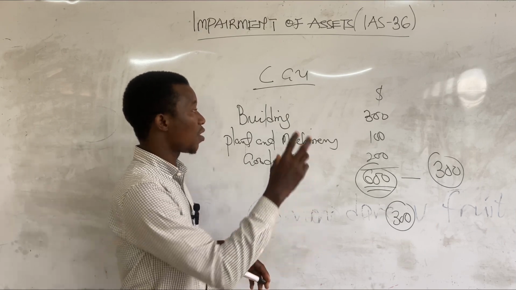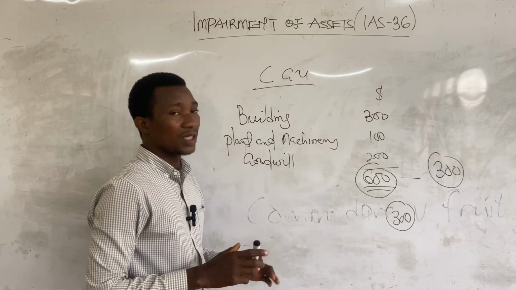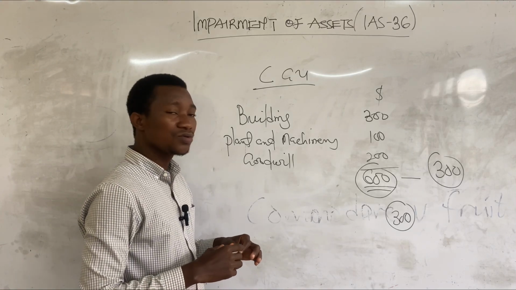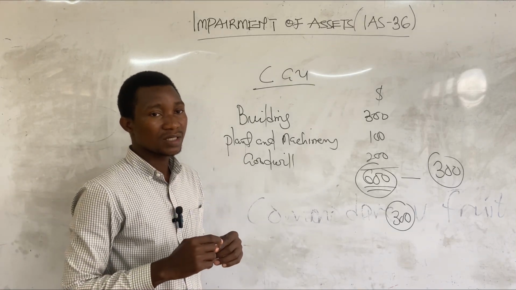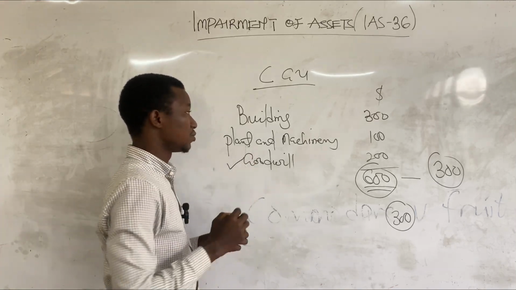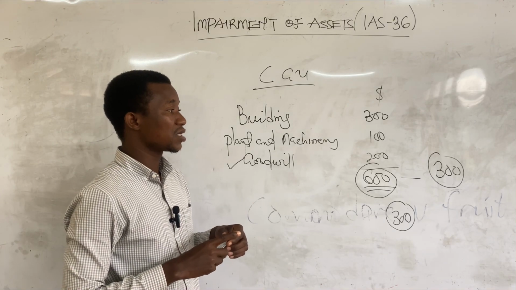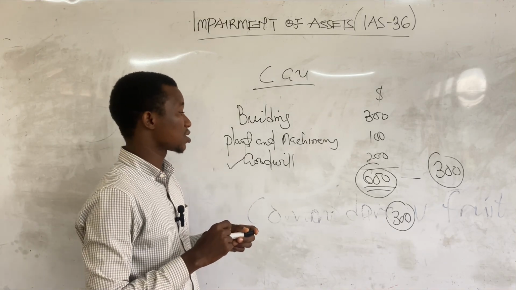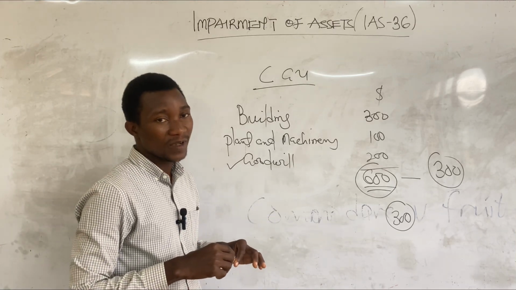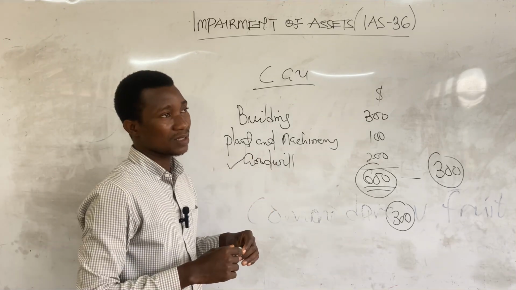There is a criteria for allocating the impairment loss to the individual assets. The general rule is that when we are to allocate an impairment loss to a cash generating unit, if there is an intangible non-current asset, for instance goodwill, as part of the assets in the cash generating unit, we allocate the impairment loss to the intangible non-current asset first before we allocate it to the other non-current assets.